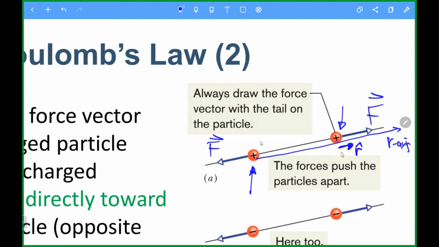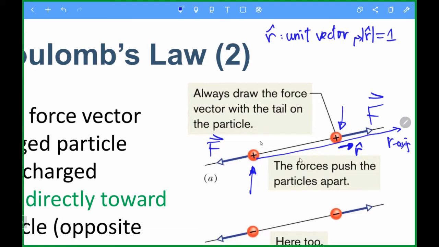R hat is a unit vector, which means that the magnitude, or the absolute value, should be 1.